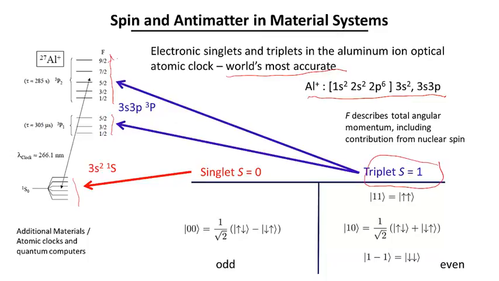They can be identified as spin triplets, and then this one is a spin singlet. When you turn on magnetic fields, you have possible nuclear spins that can affect the overall angular momentum. But by and large, this classification of overall total spin is very useful in the design and operation of atomic clocks.